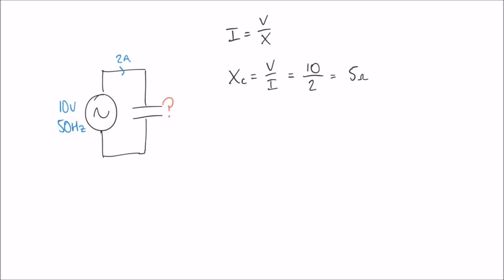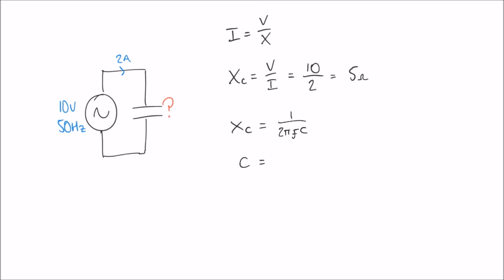The question still isn't answered though, because we're not asked for the reactance, we want to know the capacitance. What value capacitor is needed here? And again, we need to return to our formula for XC, because we know that XC has a formula of 1 over 2 pi FC. Well, we can rearrange this formula for C, and it'll look like this.